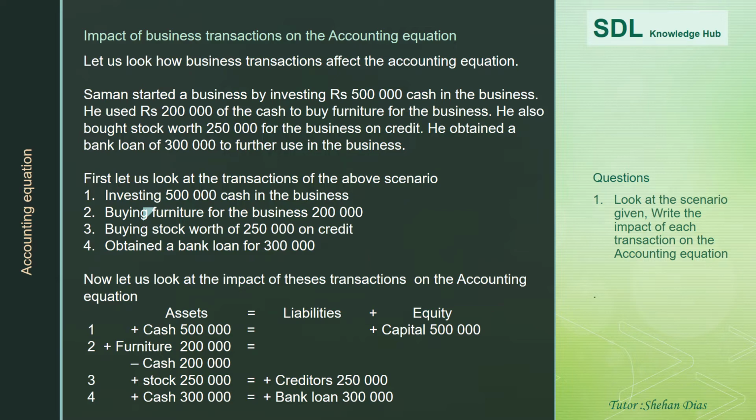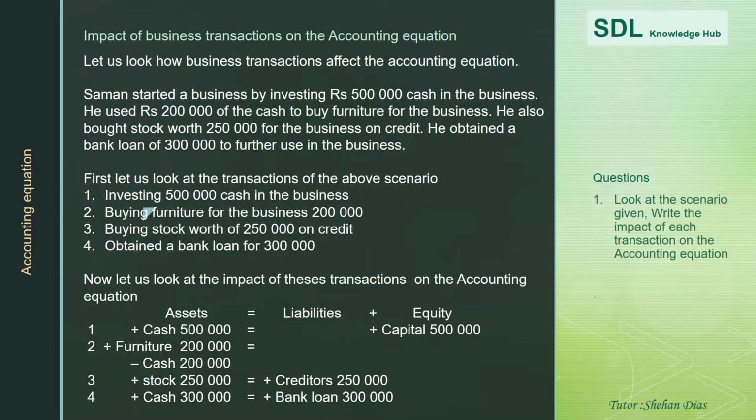Number 3, buying stock worth 250,000 on credit. So stock, an asset, will increase by 250,000. Since this is bought on credit, this will create creditors, which is a liability. So creditors 250,000. Finally, obtaining a bank loan for 300,000.